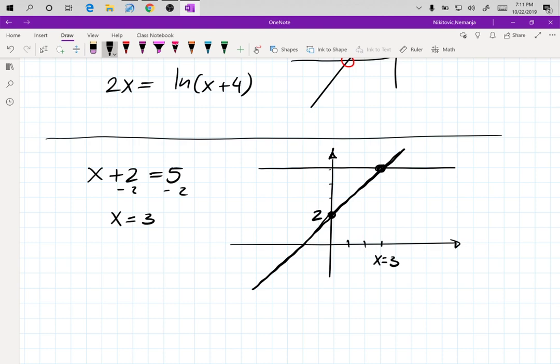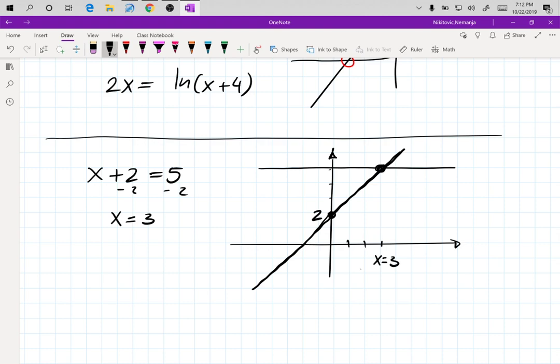100% of the equations can be solved graphically. Depending on how precise you are when you draw these functions, you will be able to read the answers off of those functions. So the solution to every equation you ever see in any course, including all of your engineering and physics and everything else, solutions are always when the equation on the left and equation on the right intersect on the graph.